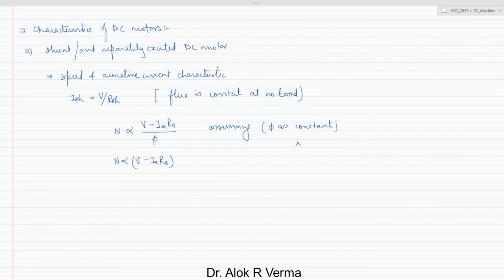So if you draw the characteristic between the speed and the armature current IA, ideally it will be constant, but practically there will be a small drop which is proportional to I into RA. This is known as the droop characteristic. This is the rated speed, this is armature current.